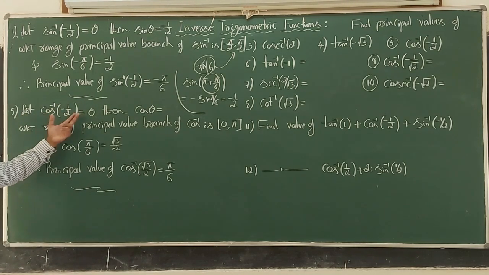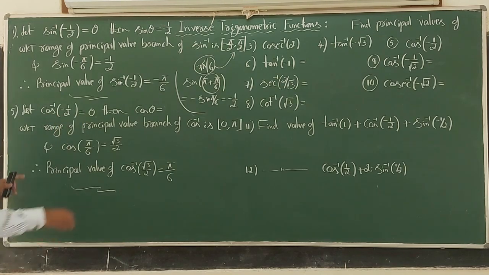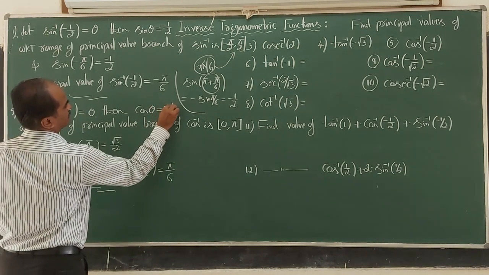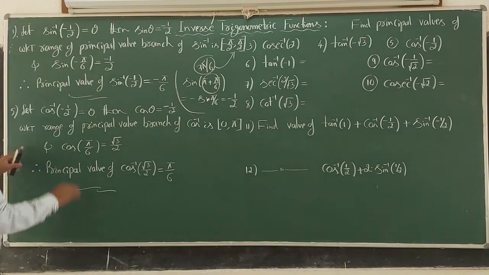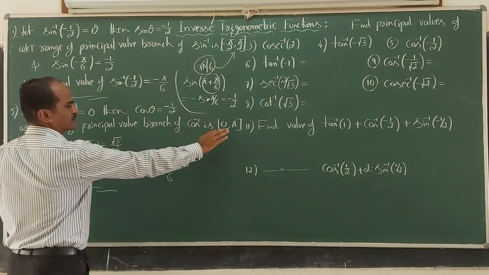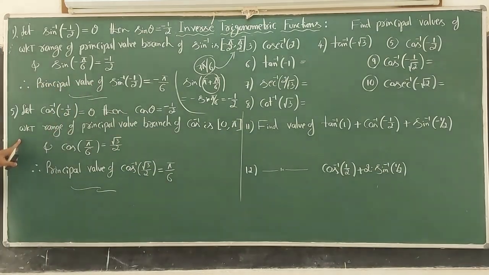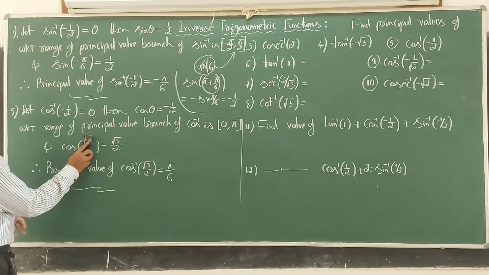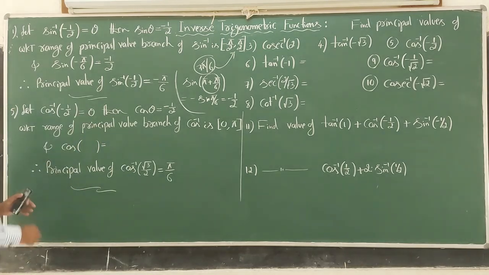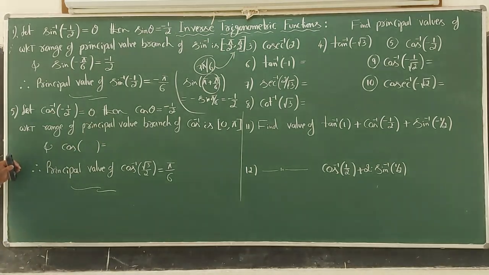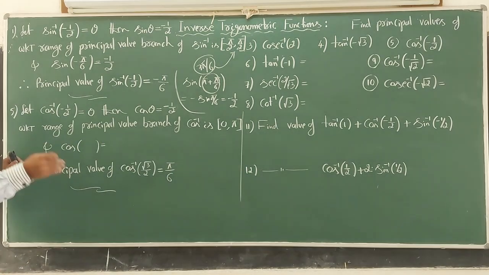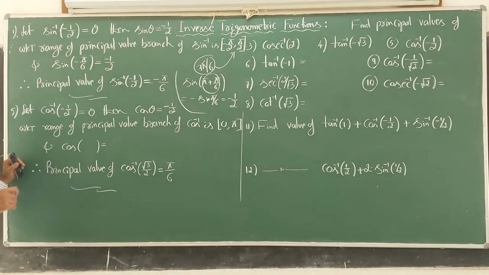Let cos inverse of minus 1 by 2 be theta, then cos theta becomes minus 1 by 2. The range of principal value branch of cos inverse is 0 to pi. Cos of which angle gives us minus 1 by 2? Cos of which angle is plus 1 by 2? Pi by 3. You subtract that angle from pi. Pi minus pi by 3 is 2 pi by 3.